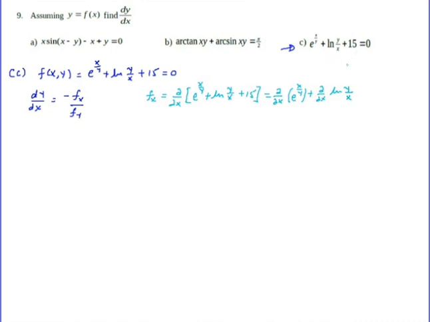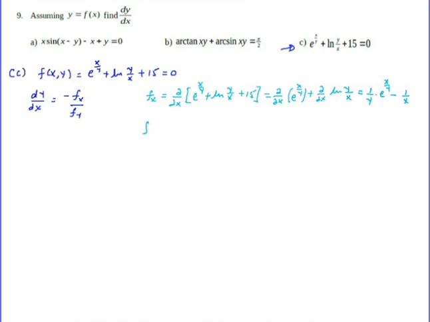The derivative of a constant is 0, so what does this give us? It becomes 1 over y times e to the power of x over y minus 1 over x. This is the partial derivative with respect to x.